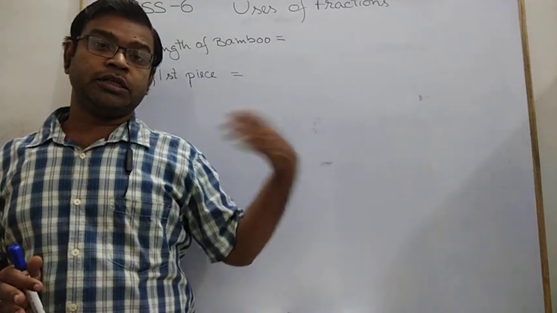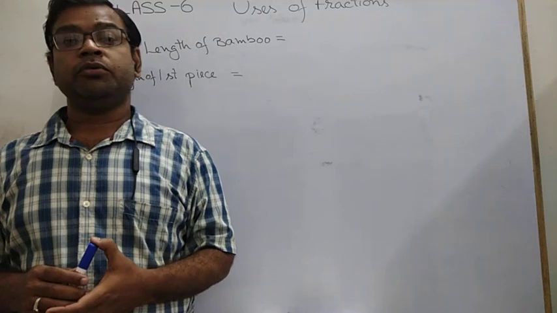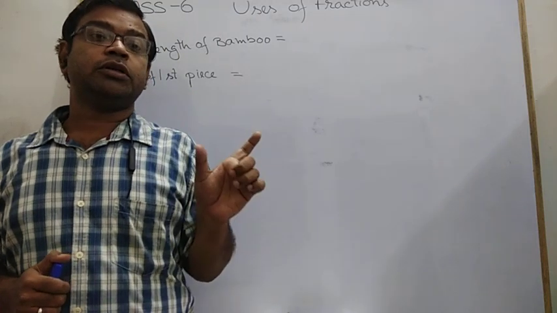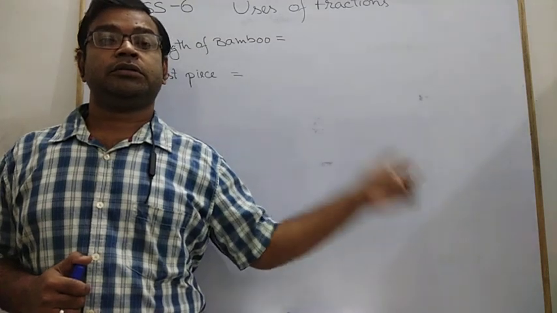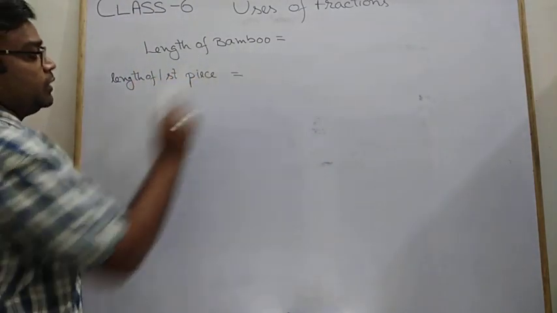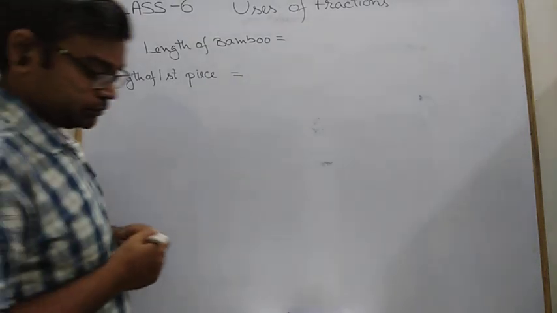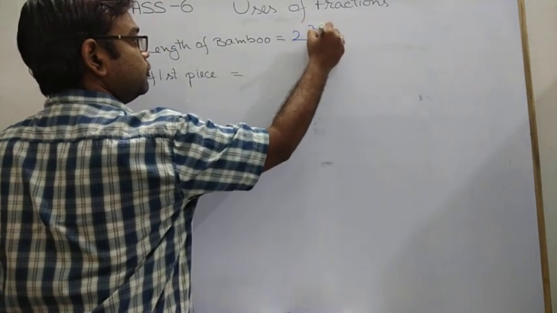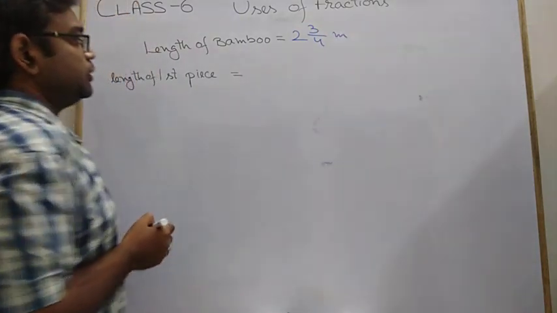If this type of question is asked, then you have to subtract the given part from the total. Let's see. In this case, the total length of the bamboo is given: 2 whole 3/4 meter. Clear?